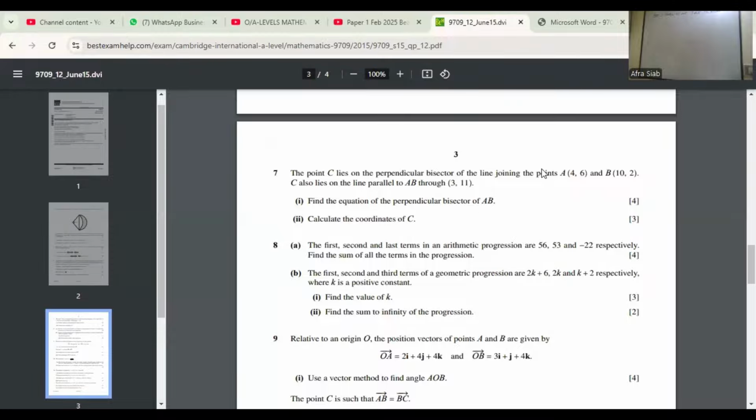Find the equation of the perpendicular bisector of AB. Also calculate the coordinates of C there.